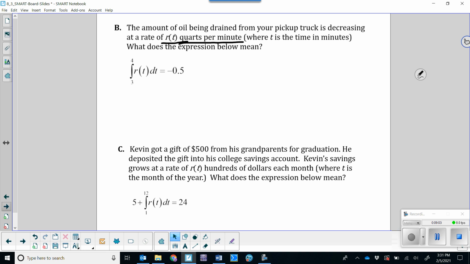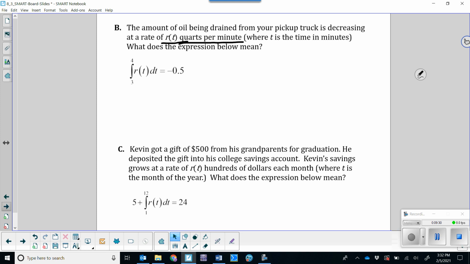So this is going to be the amount of oil, because it tells me that it's draining. So this is the amount of oil drained from 3 to 4 minutes, between 3 and 4 minutes, is negative, or it's being decreased by half a quart, or the rate is negative 0.5 quarts, something like that.